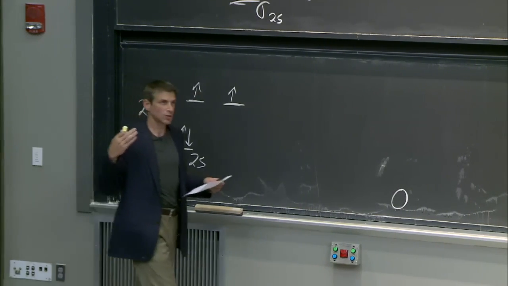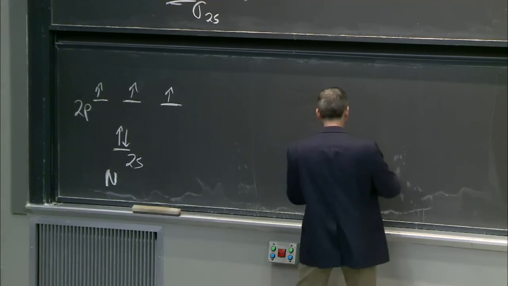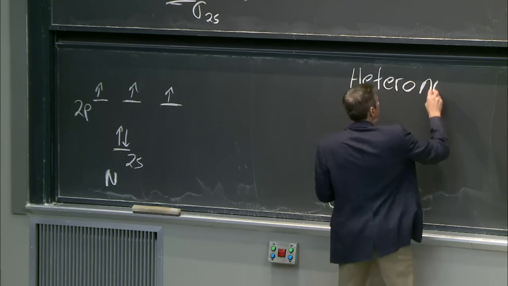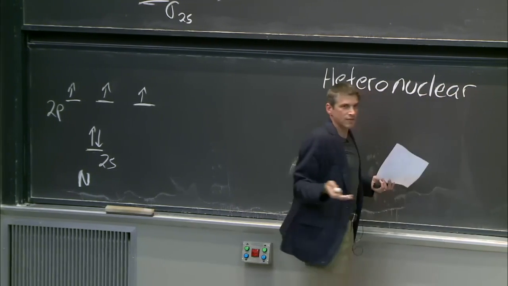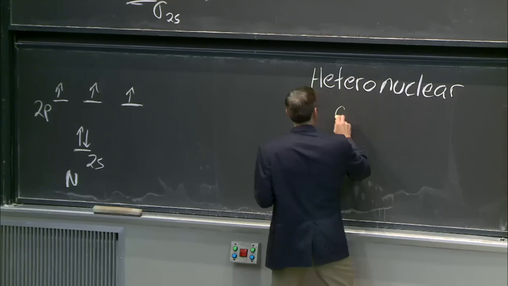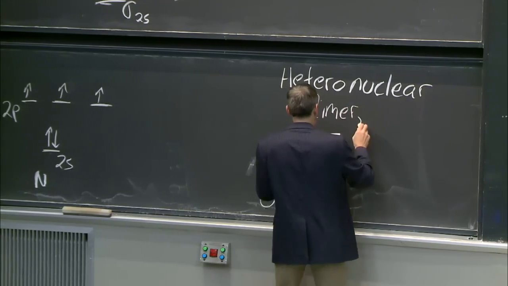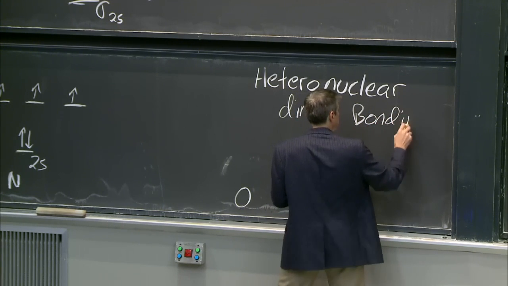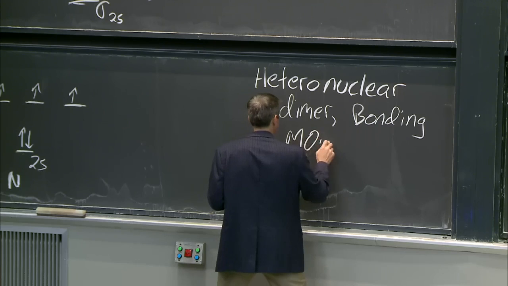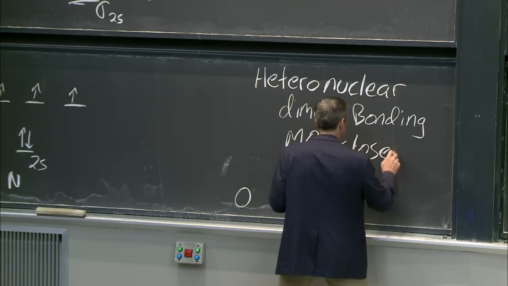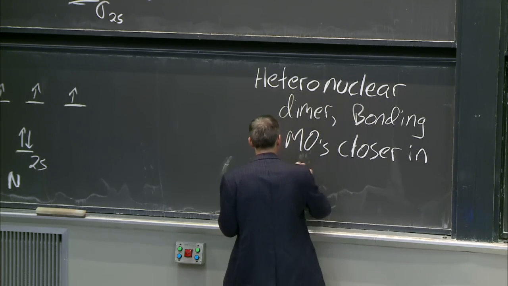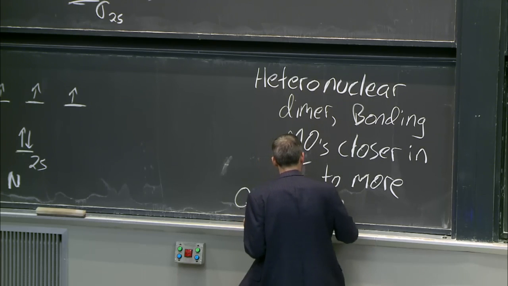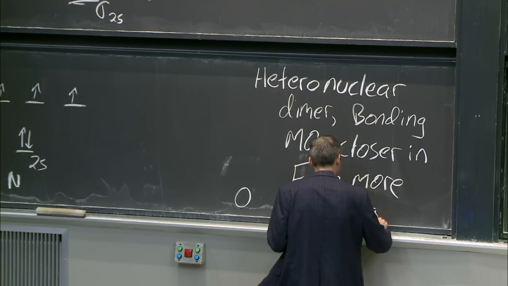And the way this works for a heteronuclear dimer is, let's write this on the board. So for a heteronuclear, that means that the two atoms are different, okay? But for a heteronuclear dimer, the bonding MOs are closer in energy to the more electronegative atom.